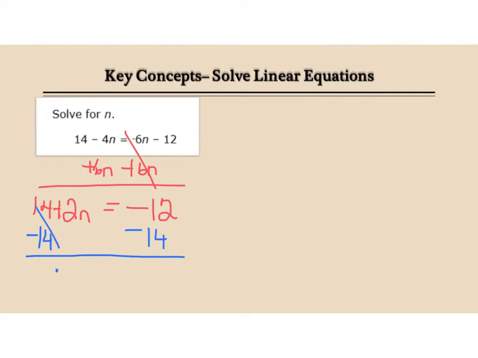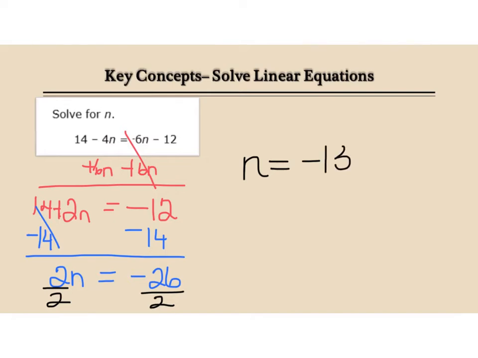I now have 2n equals -26. The final step is always to divide both sides by the number in front of the variable. So when I divide both sides by 2, I get n equals -13.